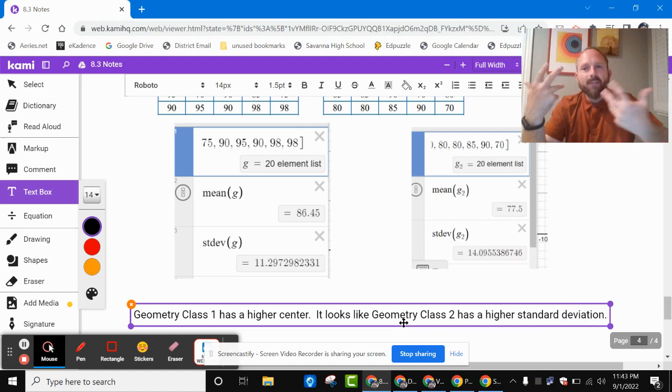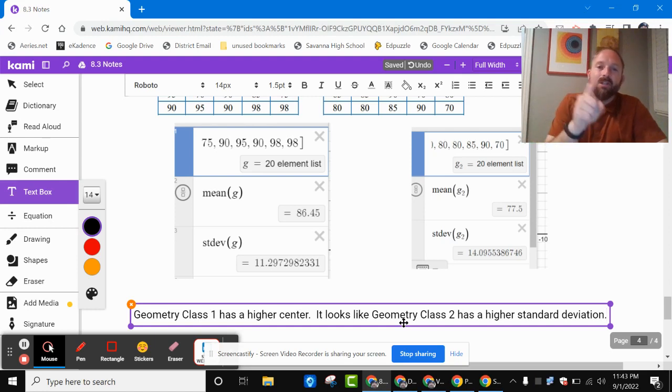Now, if we were going to put opinions on this, we'd probably say, hey, I'd rather be in geometry class 1. The mean is higher and the data is closer together because the standard deviation is smaller by 3 points.